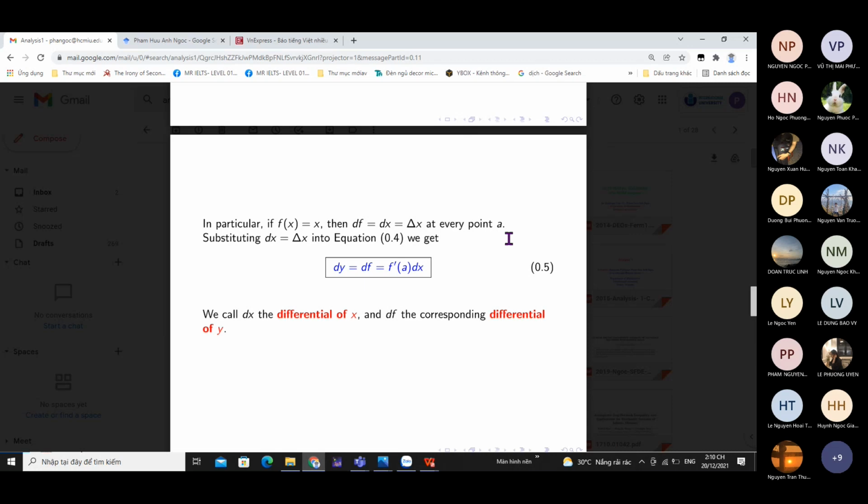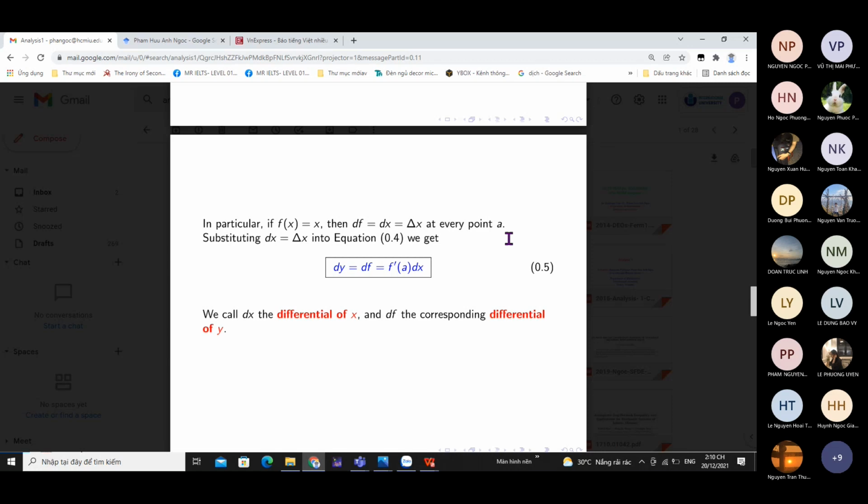And the product f prime of a times dx equals the differential of the function f at a. So dy given by f prime of a times dx equals the differential of the function f at a.